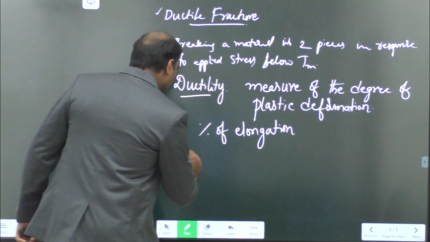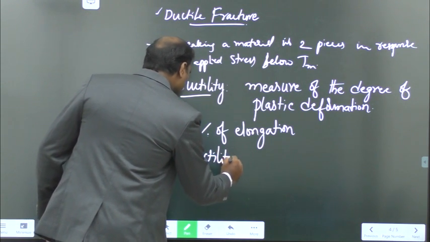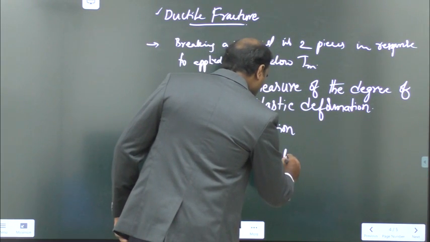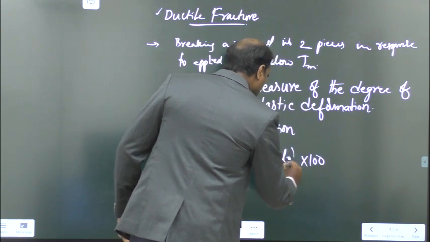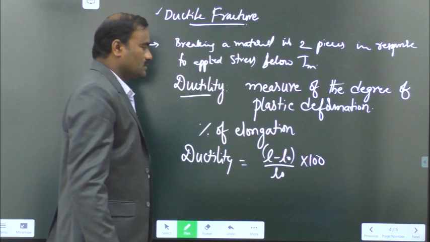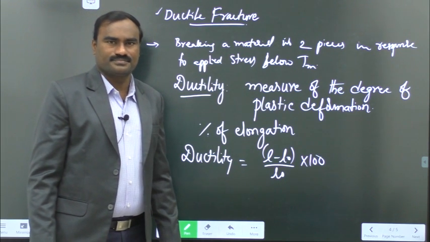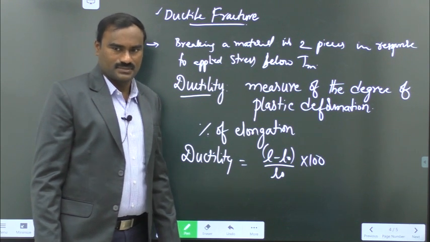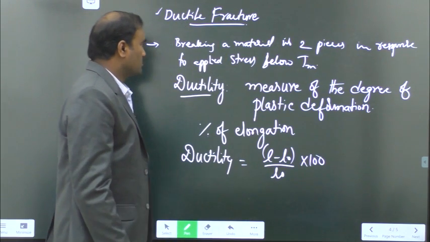So ductility can be written as (L minus L naught) by L naught into 100. The percentage of elongation is nothing but ductility. You can take it in terms of area also.